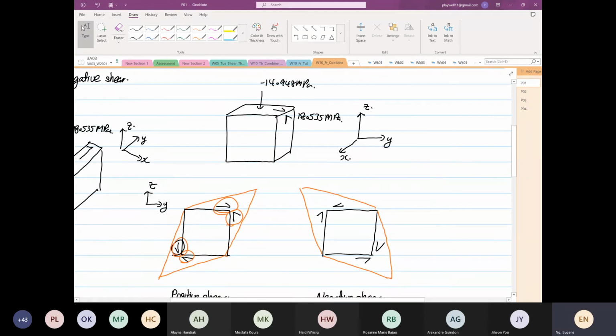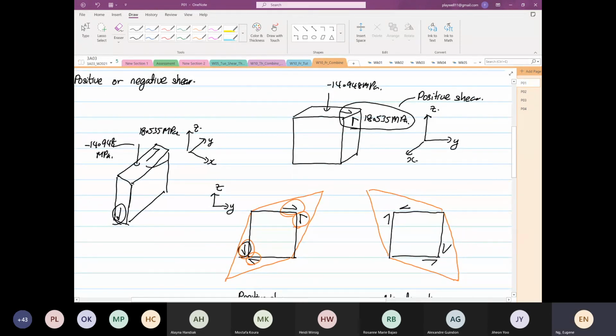So for this case over here, what you see is positive shear. And this direction comes from the shear flow, yes or no? Or we can formulate this in terms of shear stress, which is equal to VQ over IT. So that is what we have.